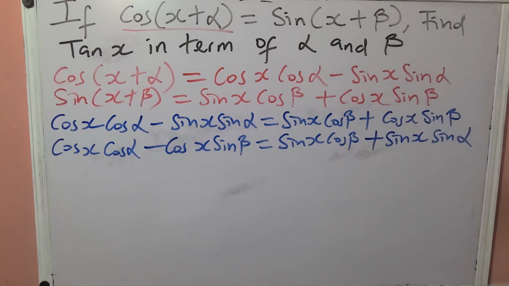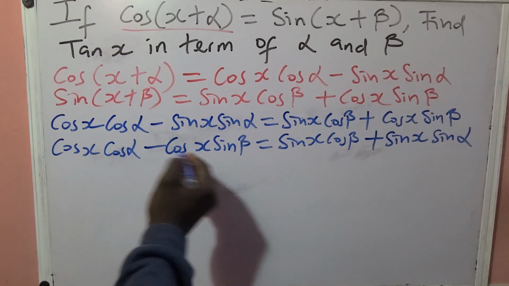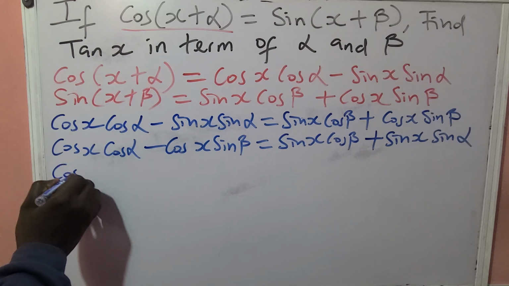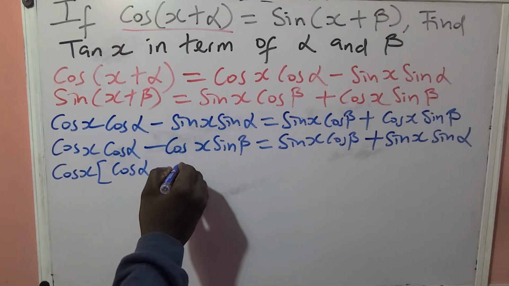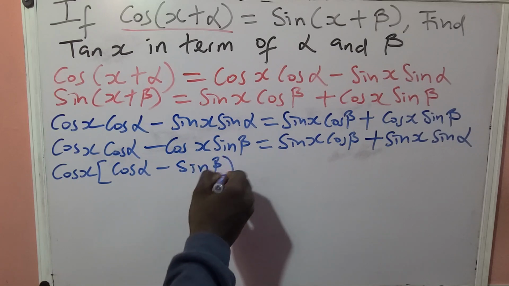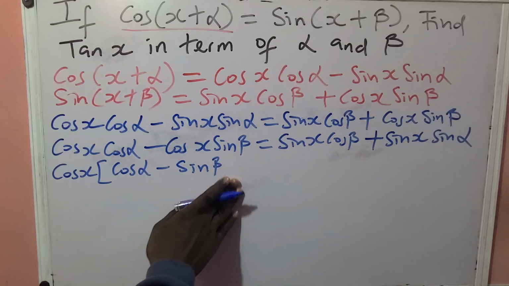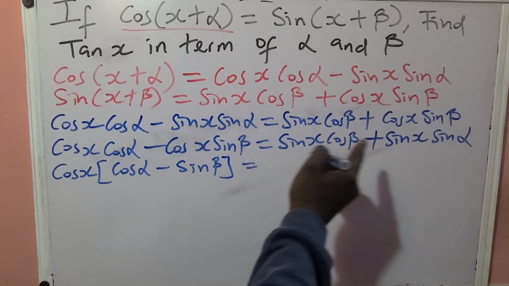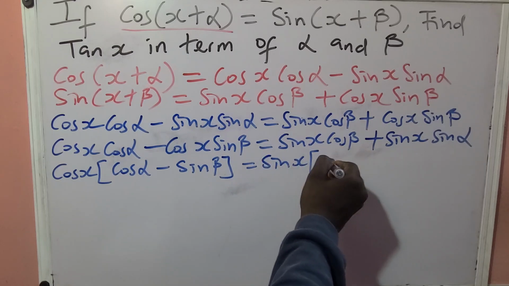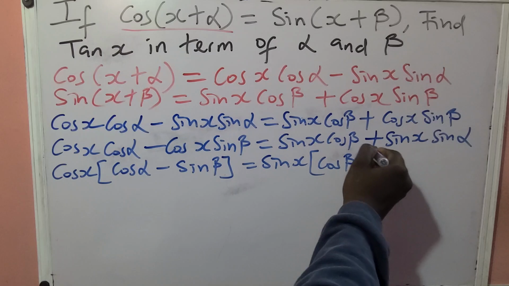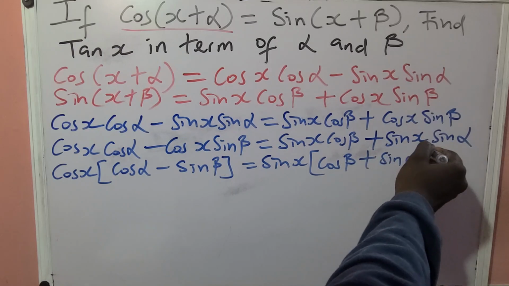So the next thing to do here is to factorize cos x outside, and I'll be left with cos alpha minus sine beta. And then I'll do the same for the other side. I factorize sine x outside and I'll be left with cos beta plus sine alpha.